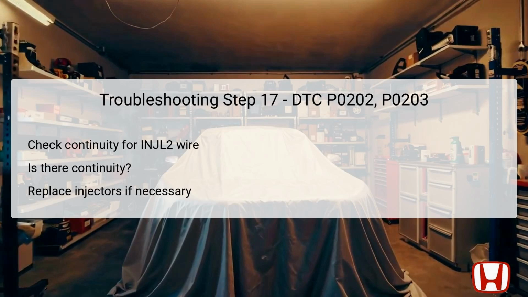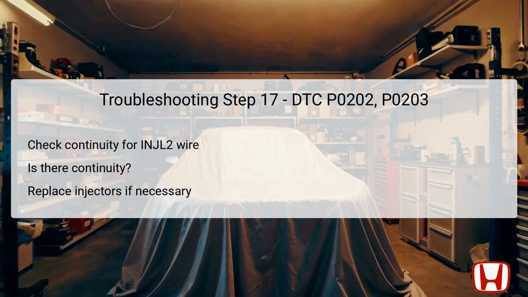This step performs a continuity check on the INJL2 wire, similarly to previous continuity checks. Maintaining the vehicle in the off mode allows focused testing without risking electrical crosstalk. Confirming continuity during this assessment provides evidence of proper circuit function, while a failure mandates further investigation into the INJL2 wiring for faults.